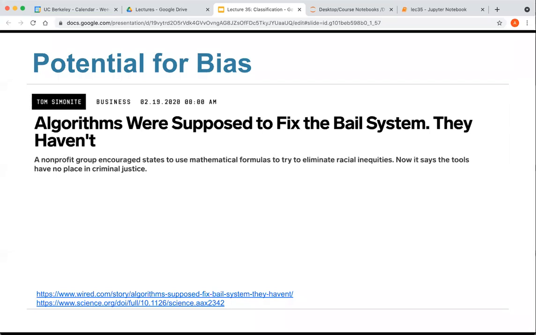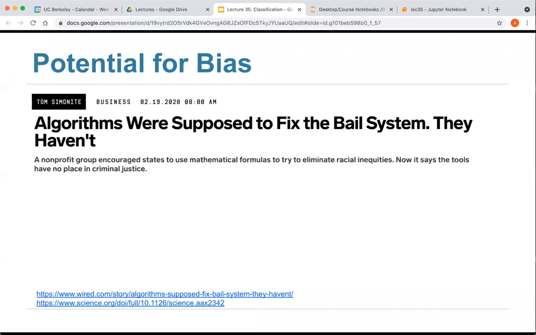And so what was noticed was that judges have biases. And so the idea was that if you use an algorithm to decide whether somebody should get bail or not, that might be more fair. Except on examining what the algorithm did, it was not more fair.